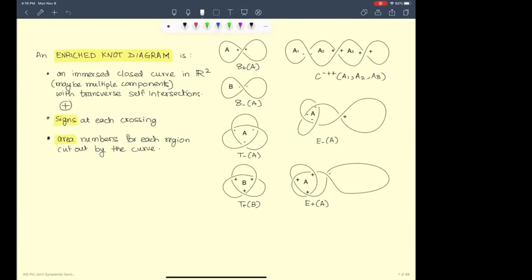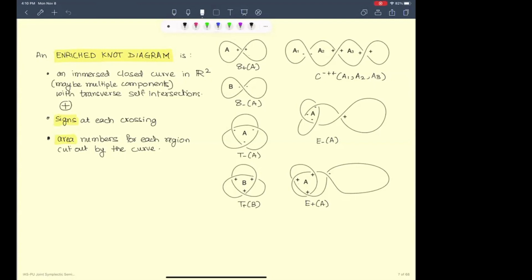If you've looked at Chekanov's DGA, it's the same signs. But the special thing here is the areas. The immersed curve cuts out a bunch of sectors, and we want to keep track of these areas. That's the information we want. So an enriched knot diagram comes with a usual knot diagram plus some areas.